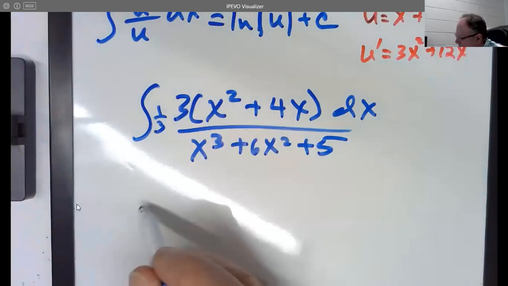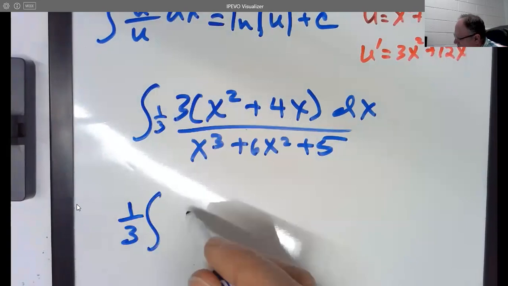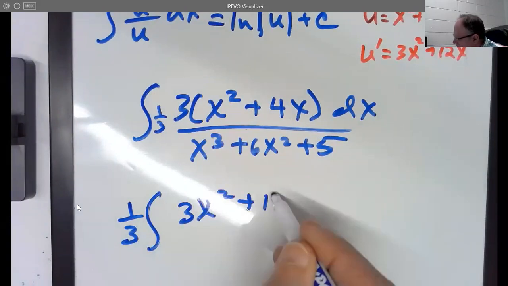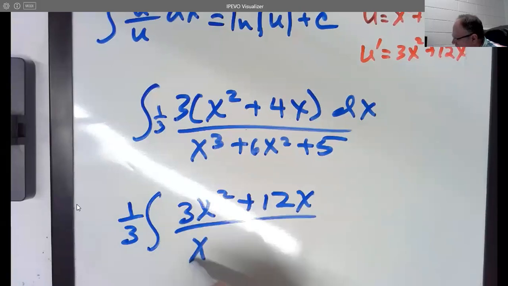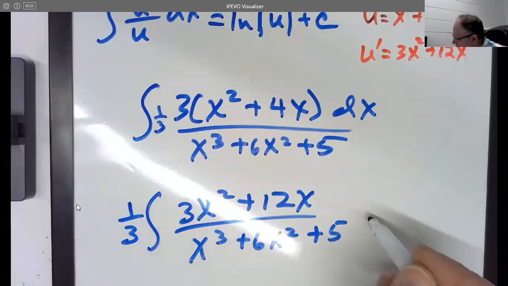So we bring the 1/3 out, and we distribute that 3, and that'll be 3x squared plus 12x over x cubed plus 6x squared plus 5 dx.